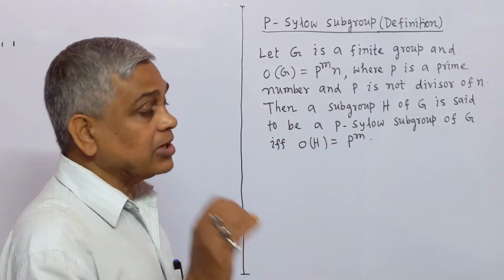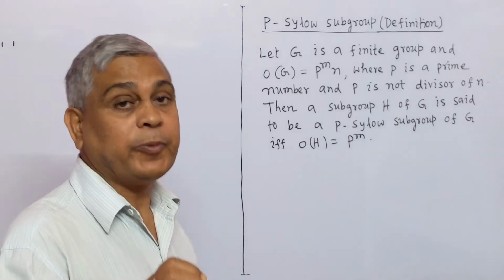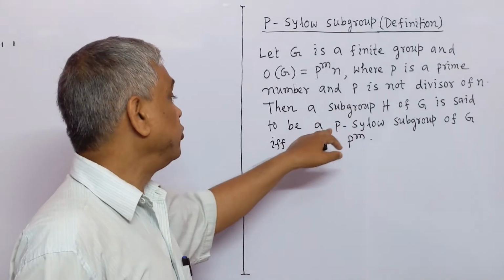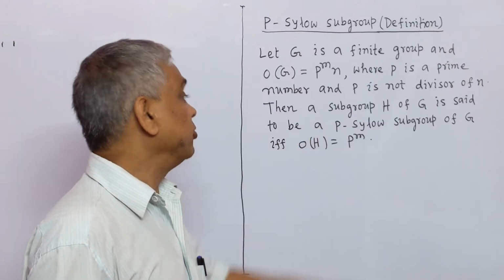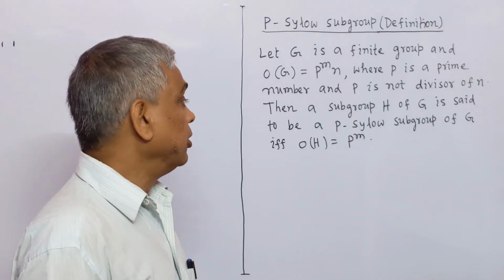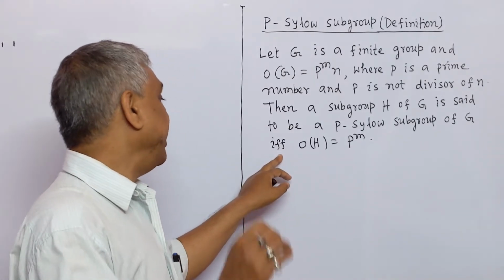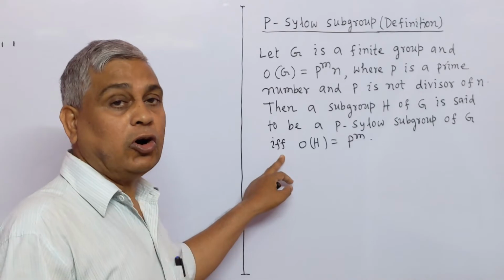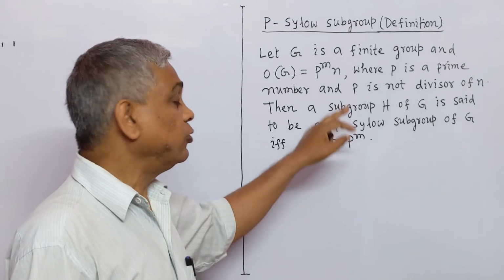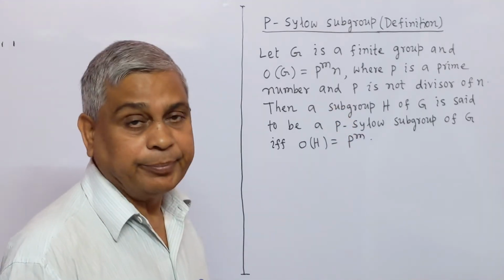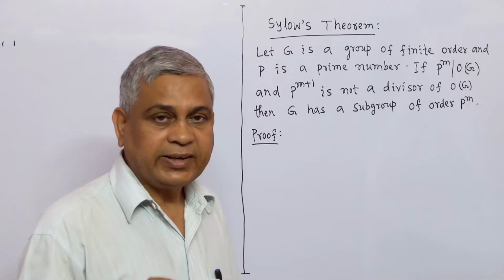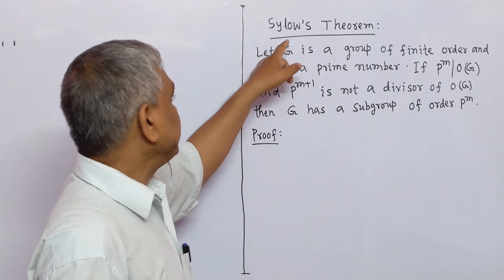Then a subgroup H of group G is said to be a P-Sylow subgroup of group G if and only if order of H equal to P to the power m. Now we state and prove Sylow's theorem.